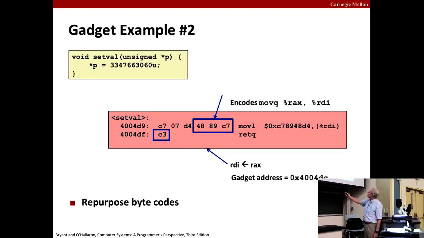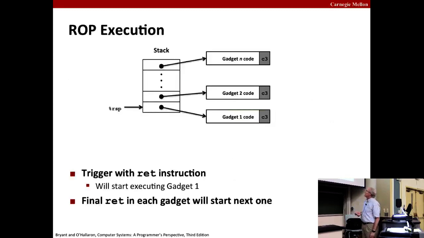You can see if this is at address 4D9, that's 4DA, 4DB, 4DC. So at address 4DC, if you could start executing here, it would first do a move, and then it would do a return. So I'm taking advantage of the fact that x86 is a byte-oriented instruction sequence. And if I go off the aligned instructions, I can often find useful things to do. So that's what's called a gadget.